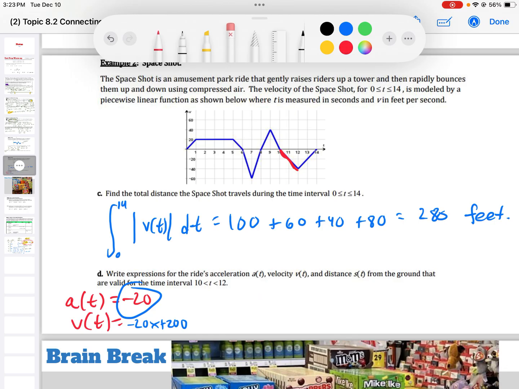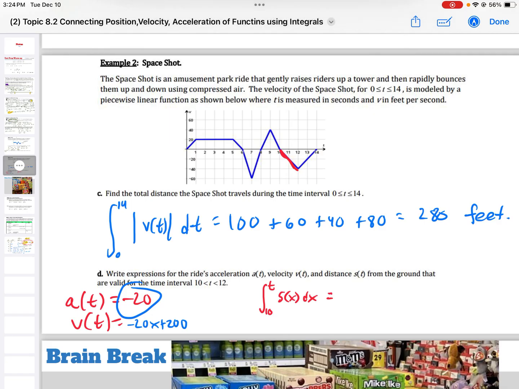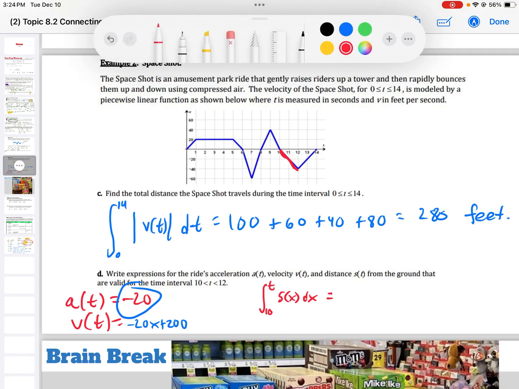So on this one, x of t, for anything between 10 and 12, I'm going to use 10 as my lower limit. So I'm going to say the integral from 10 to t of s of x dx, and it's just x because it's a dummy variable, can't be t, is equal to, no.